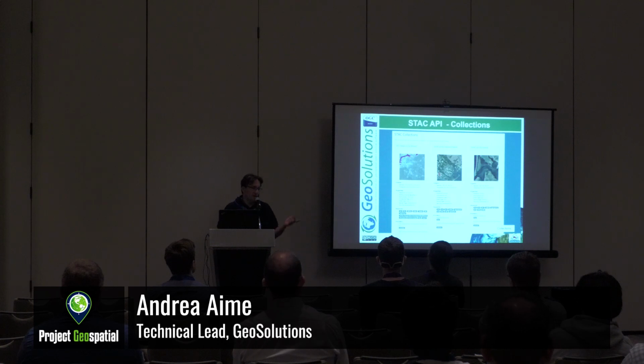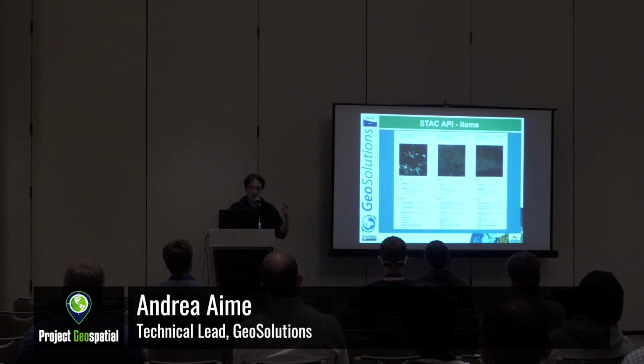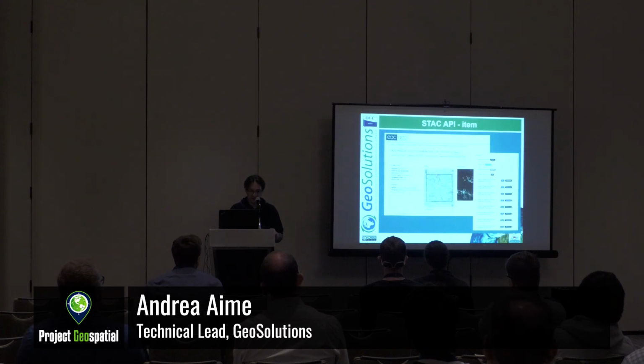They customized the collection page by adding thumbnails and a bunch of other keywords and attributes, which are not part of the standard HTML layout in GeoServer. When it comes to the single product, they also added, again, a thumbnail and a bunch of extra links. That was a collection; this is the items, and this is the single item.